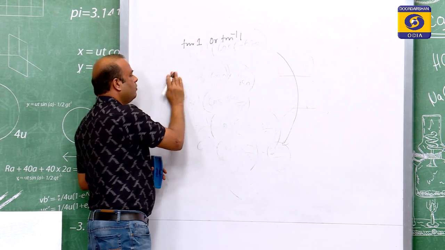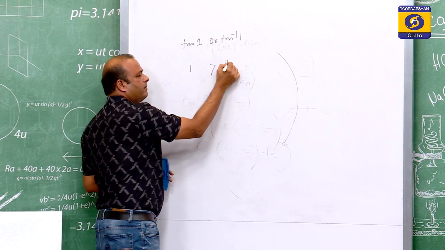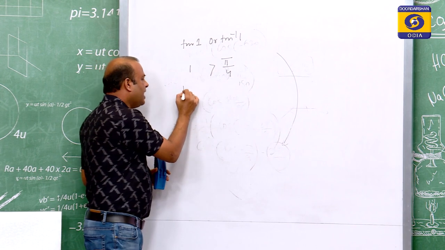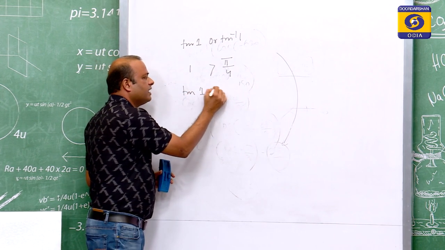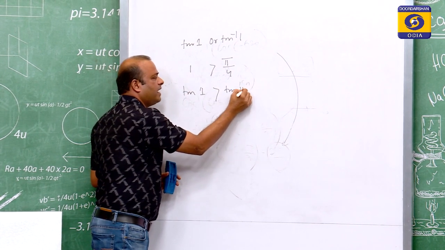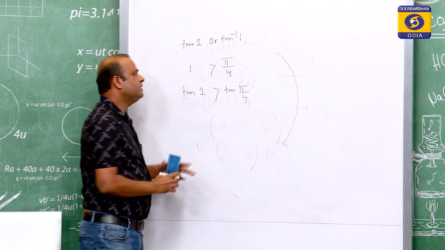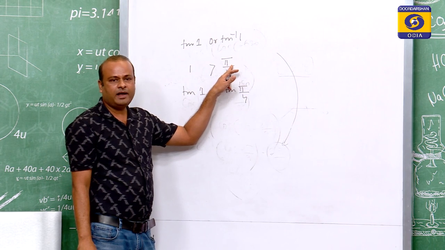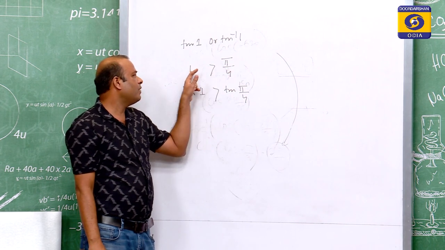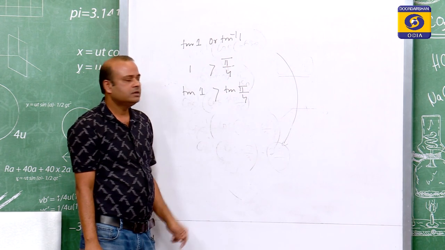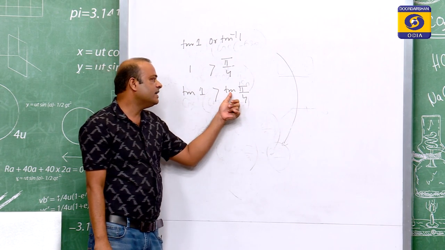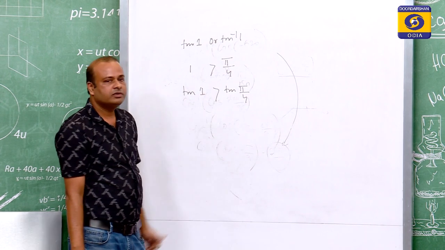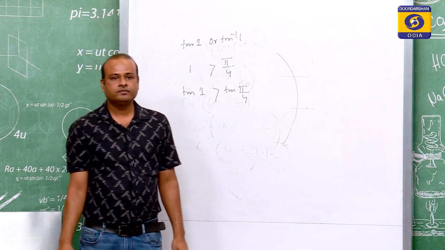You know 1 is greater than pi by 4 and tan 1 is greater than tan pi by 4. Take the value of pi as 3.14, and automatically 1 is greater than pi by 4. So, tan 1 is greater than tan pi by 4 because tan is an increasing function.